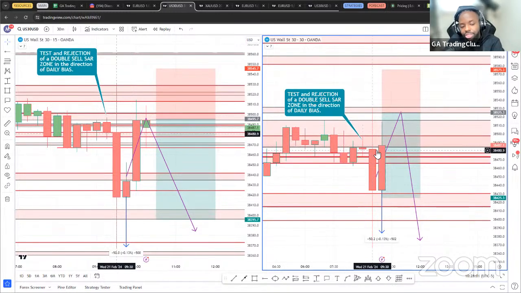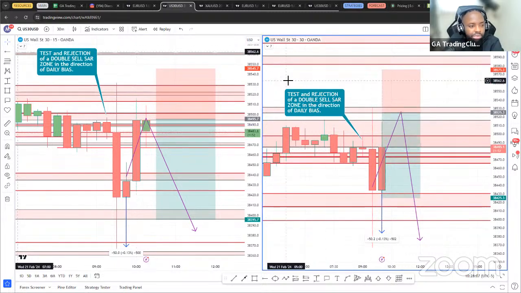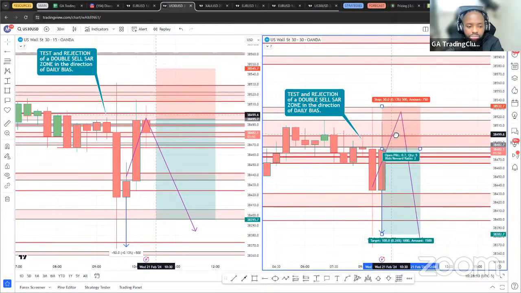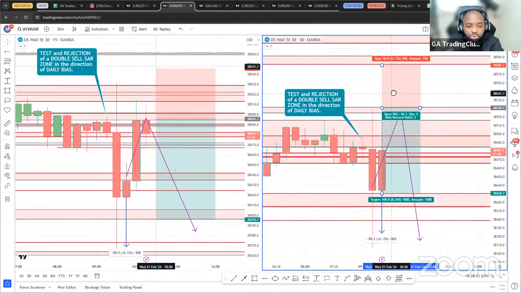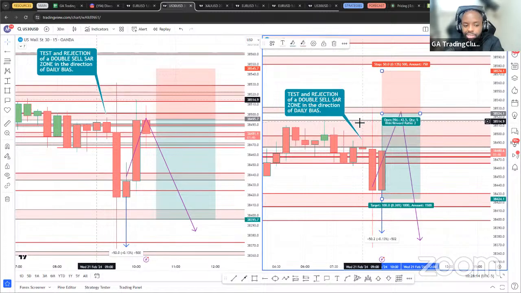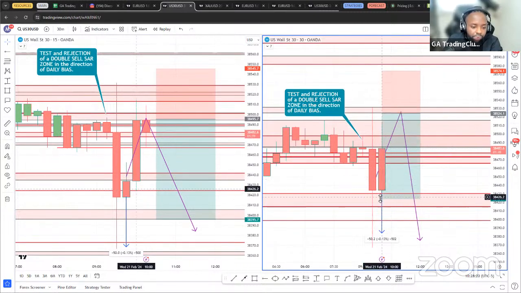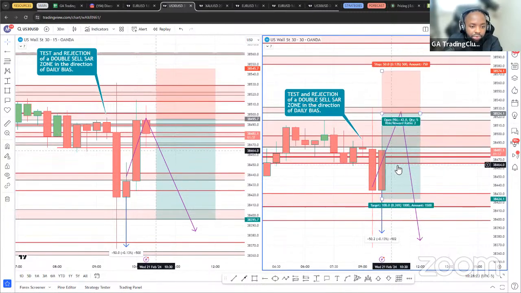The rejection candle becomes the test candle, and they're trying to close below that zone. But unfortunately, that's not an SAR zone, so it's not a test and rejection entry you'd be looking to take. It's just a supply zone. But if they close below this supply zone, then it will probably just keep going to the downside.